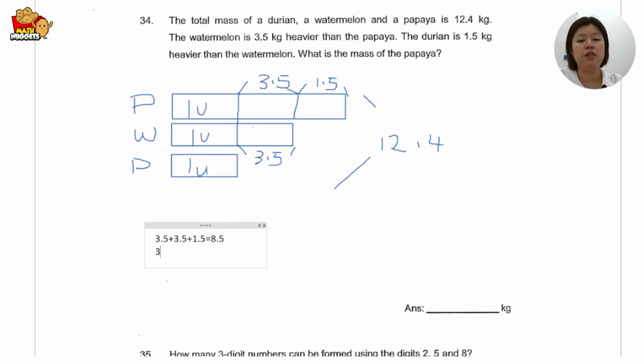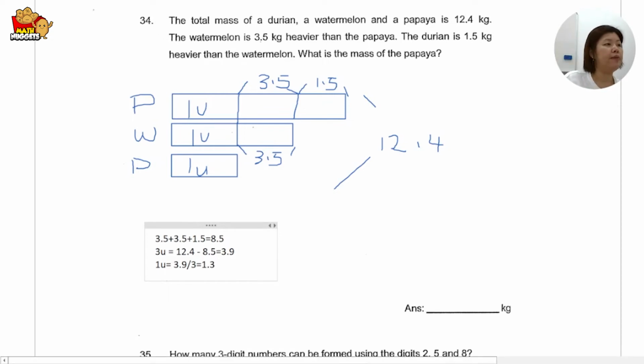So we can actually take to find 3 unit equals to 12.4 minus 8.5 equals to 3.9. So 1 unit is 3.9 divided by 3, which is equals to 1.3. So this is my papaya.